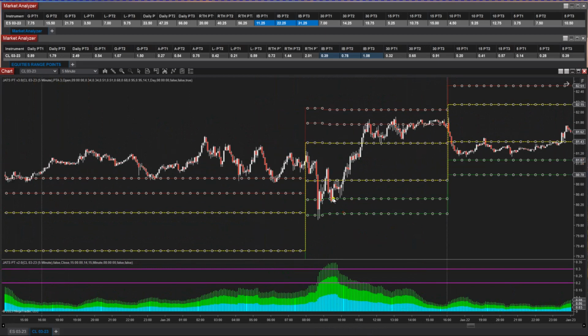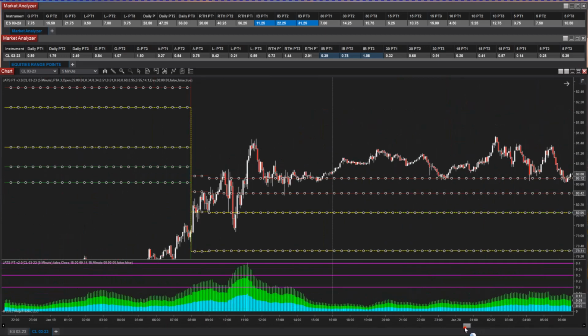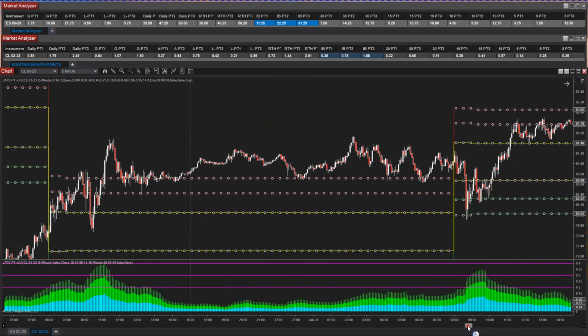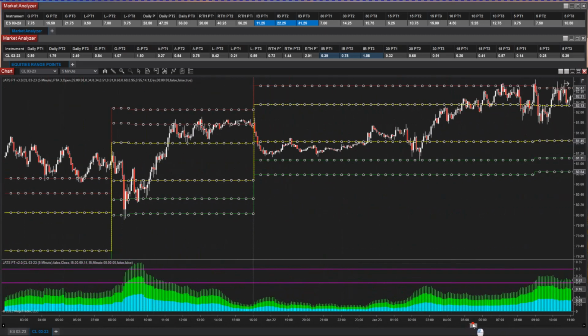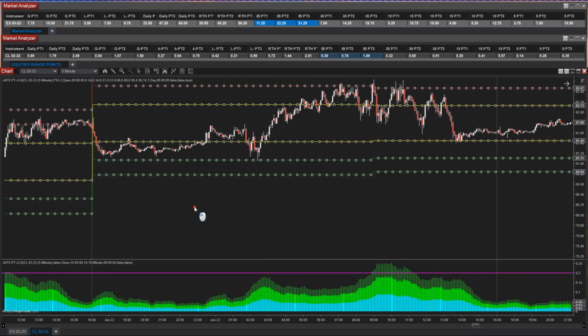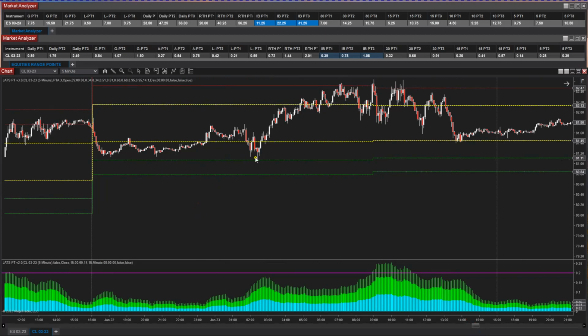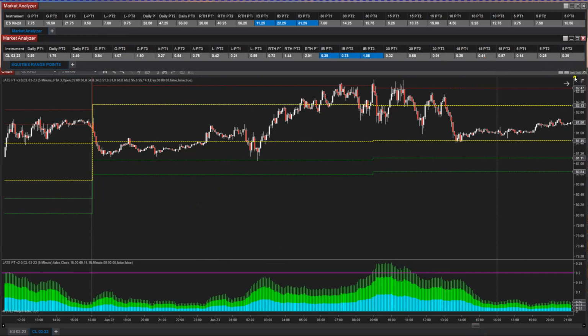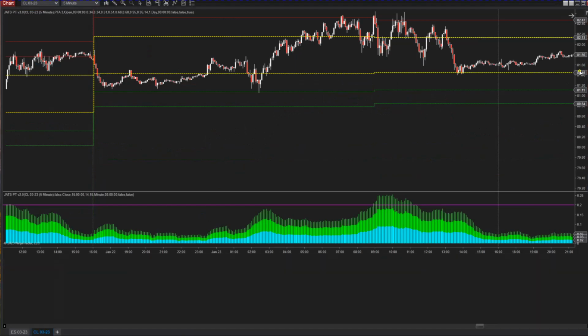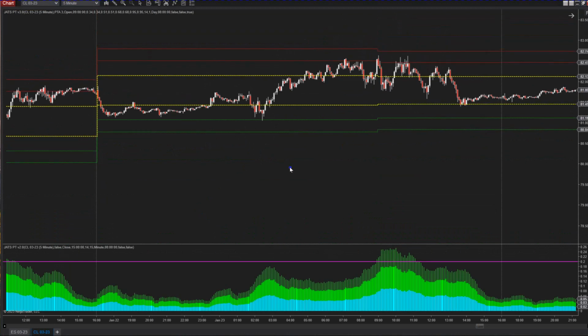And now we can capture what that range opportunity might be and help you get to the top or bottom of these range periods within a time frame like 8 to 9 a.m. You can put this together with other time frames. So you can put a daily range on your chart.